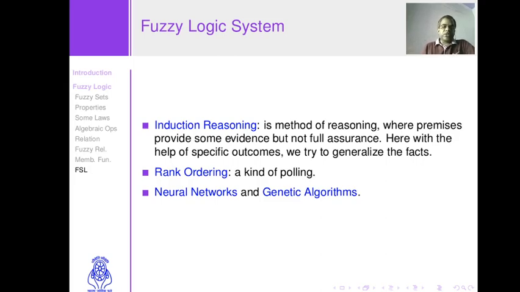But in the case of inductive reasoning, we use some specific statements to arrive at some general conclusion, and that general conclusion is not fully assured, it is only probable, only approximate. Here, with full confidence, we cannot say that our conclusion is true, rather it is an approximate conclusion, a probable conclusion.